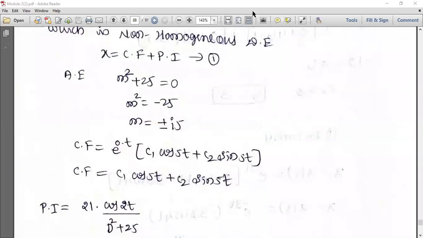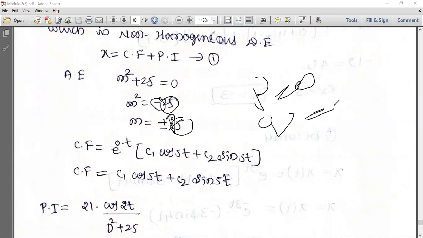Here you should observe that square root of minus 1 will be i and square root of 25 will be 5. So m equals plus or minus i into 5. Here p is given by 0 and q is given by 5. So e raised to 0 into t, C1 cos of 5t plus C2 sine of 5t. So that is the complementary function: C1 cos of 5t plus C2 sine of 5t.